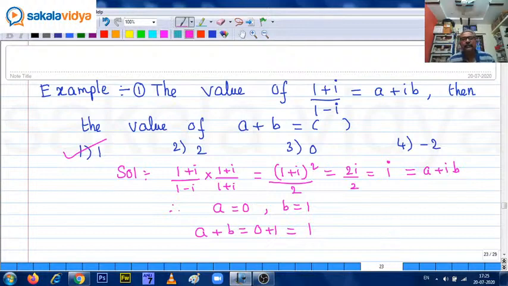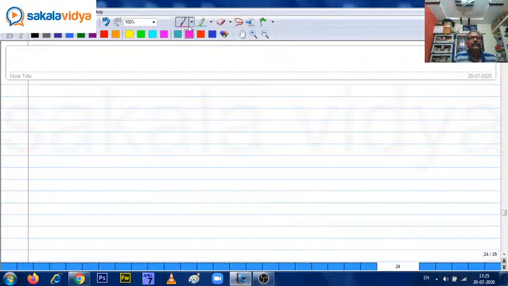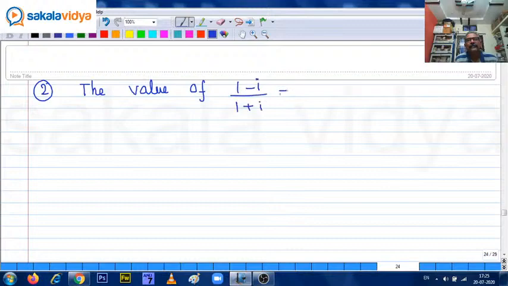This type of question may be asked in the examination also. Second question I will give, you try to solve it. The value of (1 minus i) by (1 plus i) equals p plus iq.